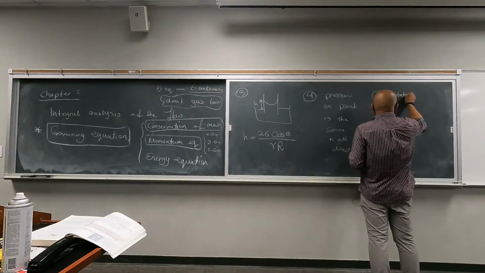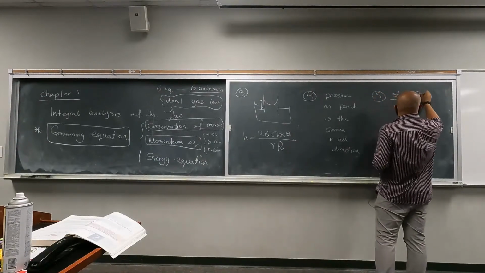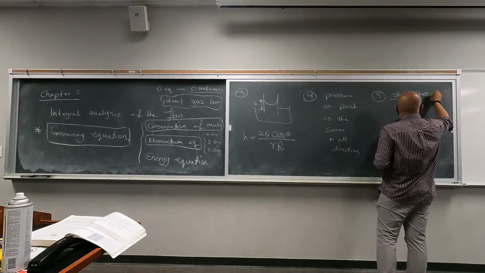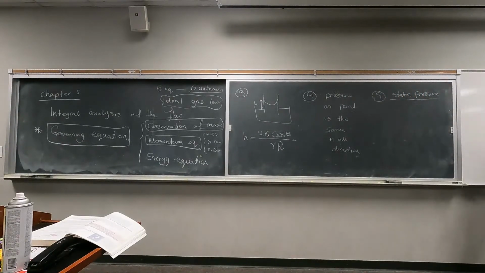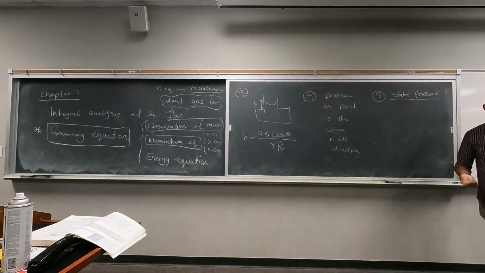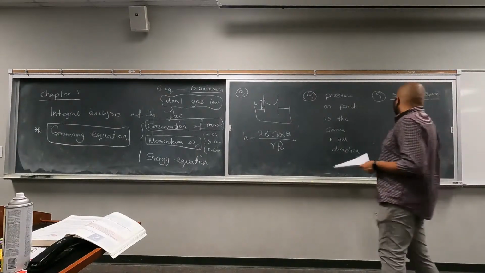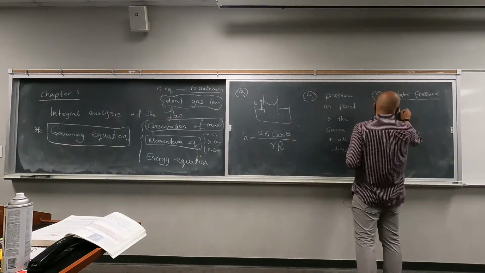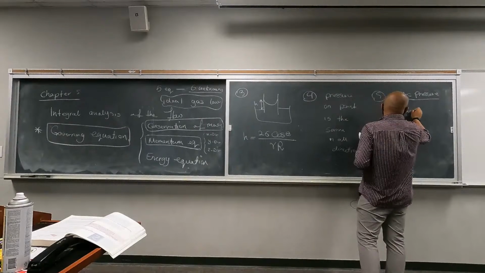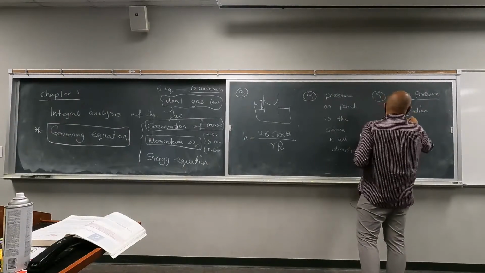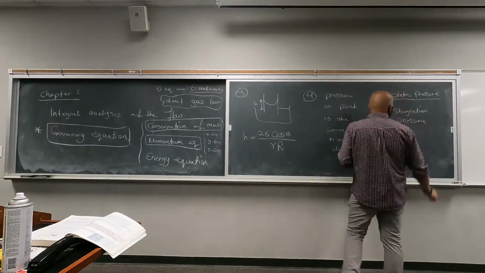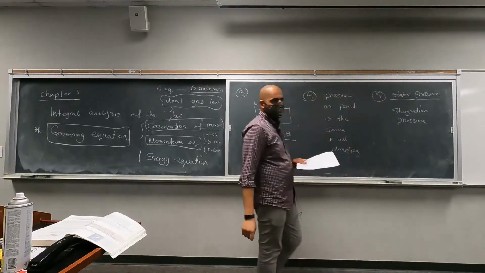The static pressure was the pressure you felt when you were sitting on a particle in the fluid, right? That's 1 atmosphere or whatever. The stagnation pressure was the pressure you felt if you brought the fluid velocity to 0 isentropically.